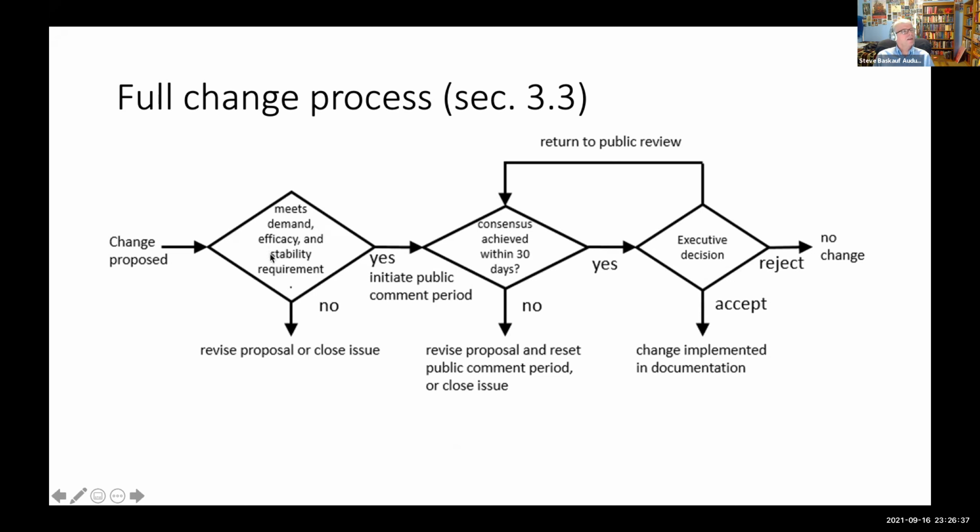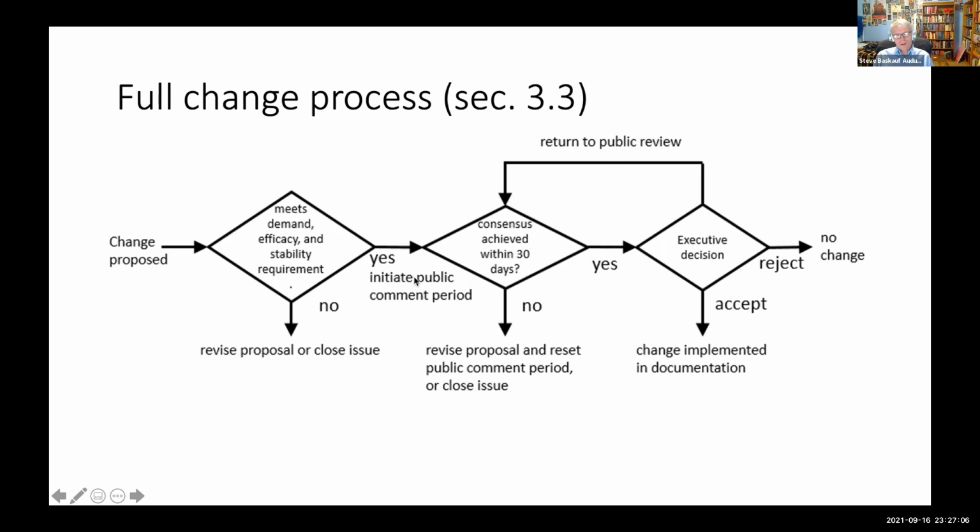If it doesn't, it gets sent back to the proposer to fix, or if there's insufficient interest, sometimes it's just closed. If the maintenance group feels that the proposal is ready, it will then initiate a public comment period. And a lot of times the maintenance group will do this with a group of term requests because it's kind of a pain to run through the public comment period.